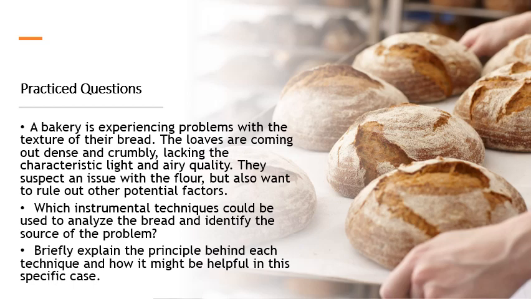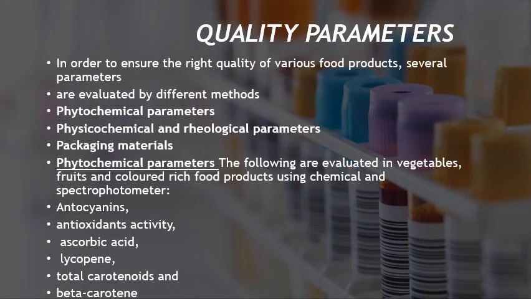So before we round up on this class, let's look at quality parameters. In order to ensure the right quality of food products, there are parameters that are evaluated. We have the phytochemical parameters, we have the physicochemical or rheological parameters, we have the packaging parameters. The phytochemical parameters are those that are evaluated in vegetables, fruits, and so on.